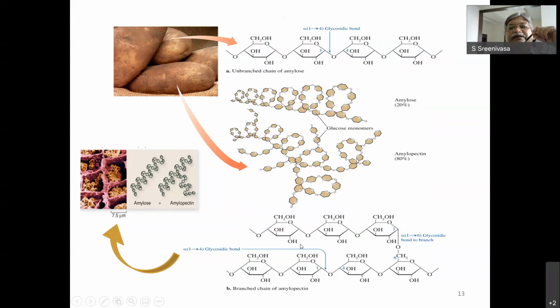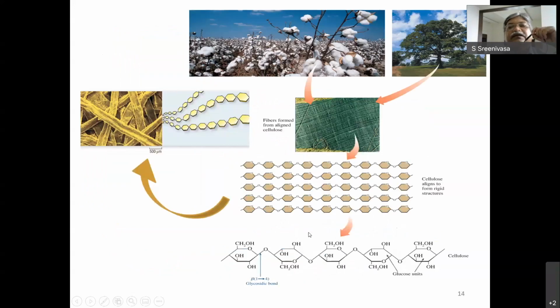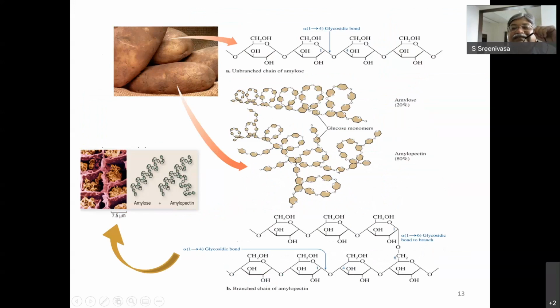Similarly, we'll move on to cellulose. Cellulose is a linear molecule, aligned so firmly, with one polymeric molecule lined with another polymeric molecule. As a result, it gives rigidity to the structure, whereas in the previous case, there is no rigidity.